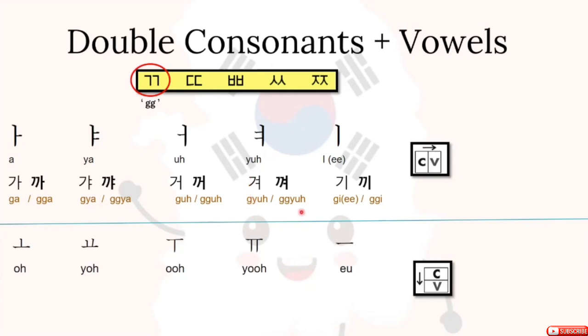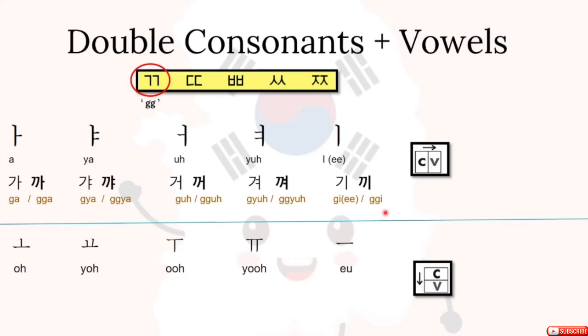Now with the double consonant, 겨. All right, the next one. 그 and 이 becomes 기. And now with the double consonant, 그 and 이 becomes 기.